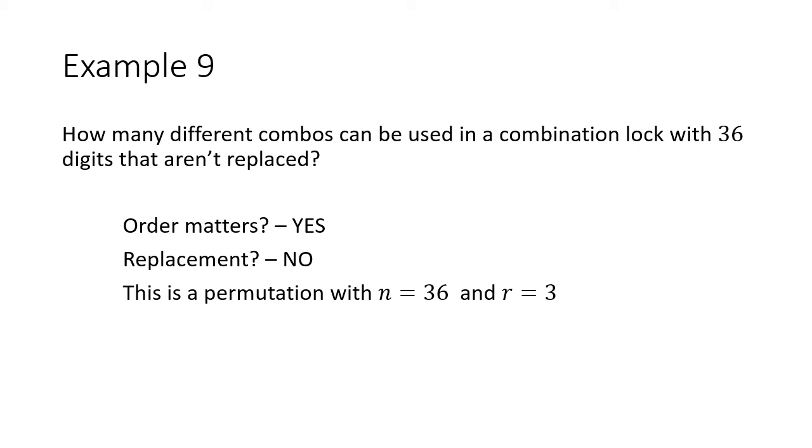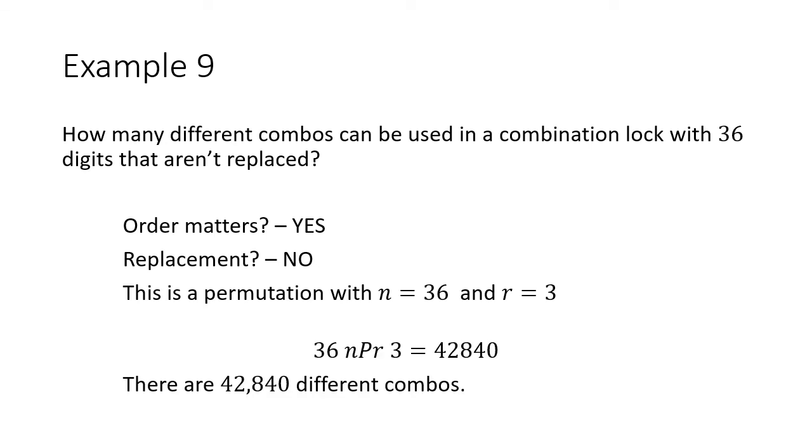That is a permutation. And then my variables: N is 36 because we have 36 digits to choose from, but R is 3 because how many am I actually choosing? Well, there's 3 digits in the combination lock. And now we're just going to use technology. On your calculator, you type N first, so 36.